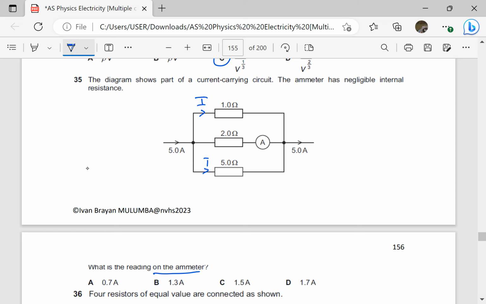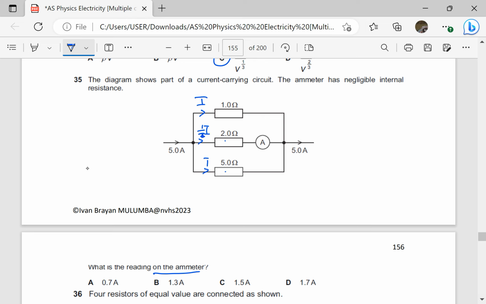If the current here is I, remember this is having resistance which is half of this. So the current here is going to be a half of I, because it has twice the resistance, so it should be having half of the current.